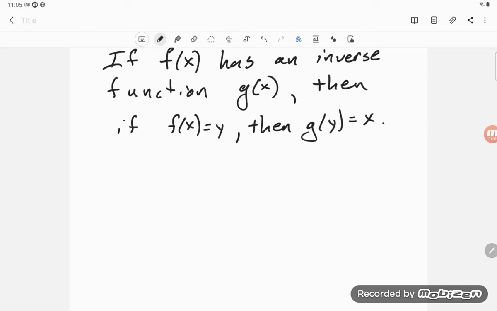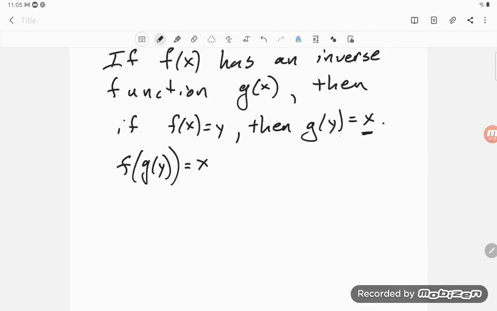Other ways to look at that: if I take f of g of y, I get my x back, that original x that I might be talking about.